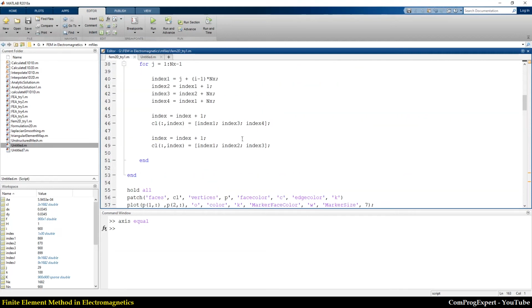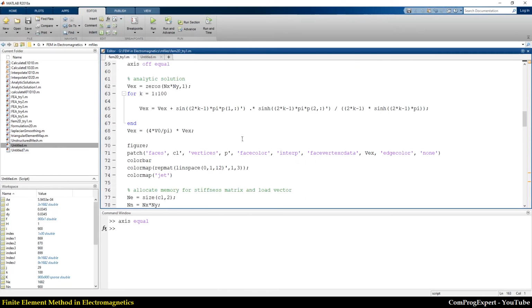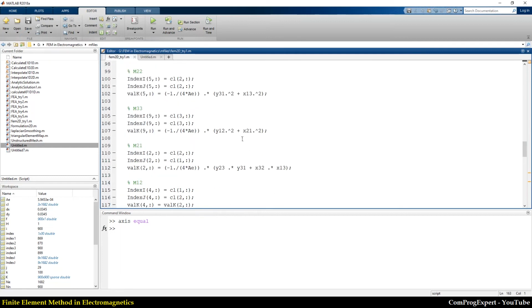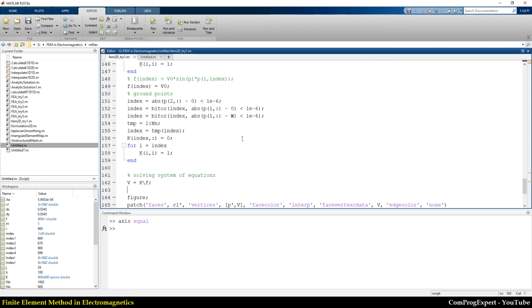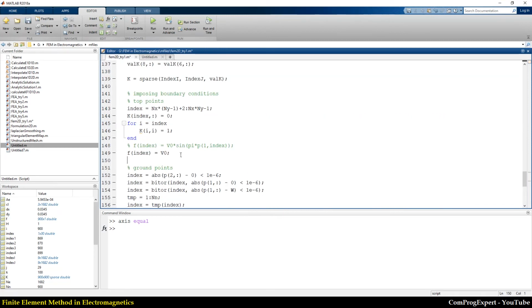So I can write here in the MATLAB code, here when I apply the Dirichlet boundary condition on top edge, actually here, f index equal to v naught. Instead of this, let me comment this and uncomment this.